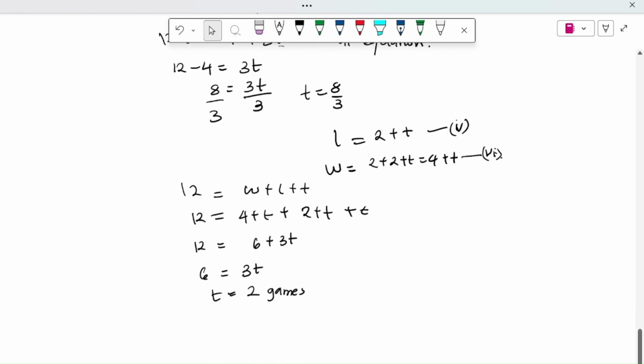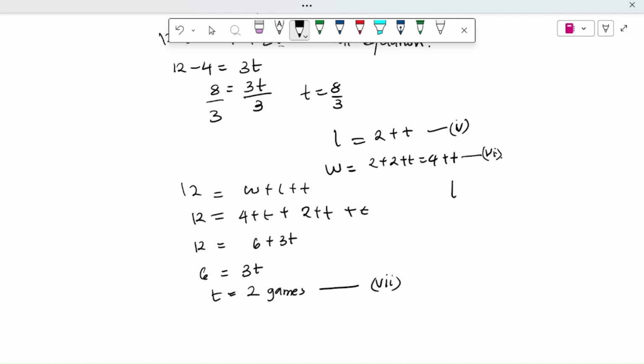So as for me, I will try to manipulate this equation so that the 12 games which were played, this will have been the value of what is won, lost, and tied. So we already got the tied equation to be this. So I'm going to make this equation 7. So I'm going to substitute the value of t into equation 5 and equation 6.